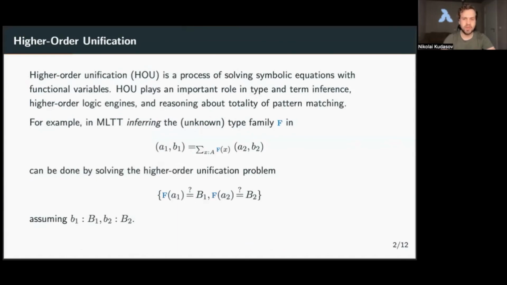In the case of dependent pairs, we will need to infer the type family, unless specified, that indicates the way that the type of the second component depends on the value of the first component in a pair. This can be reduced to a simple system of unification constraints, as you can see on the slide, to be solved by a higher-order unification algorithm.